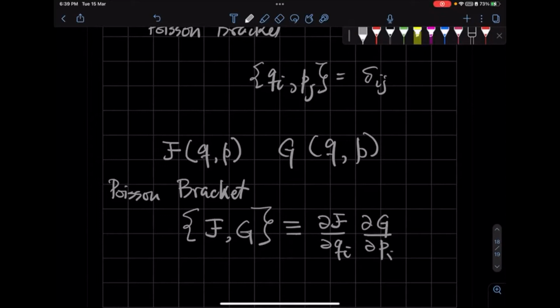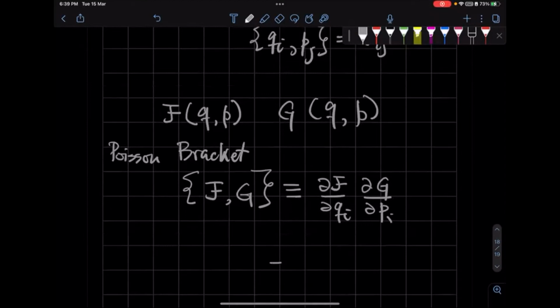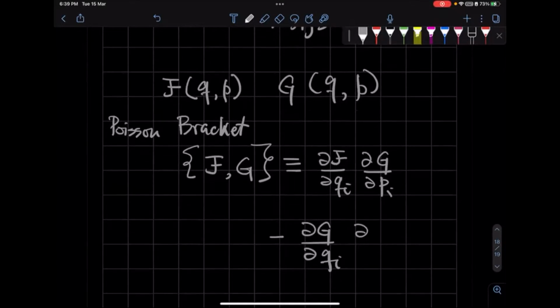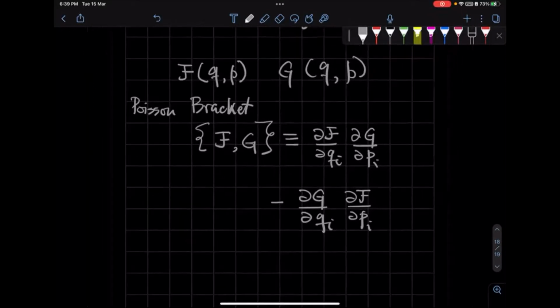So here we have a repeated index, so there's a sum, minus the derivative with respect to qi of g, and the derivative with respect to pi of f. Okay, so this is the Poisson bracket.